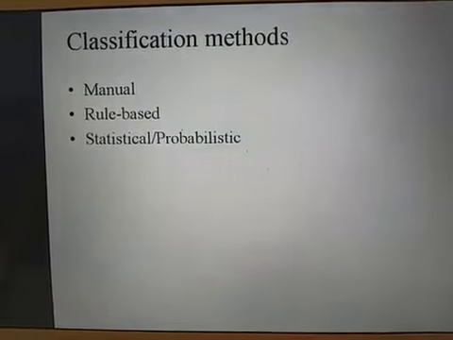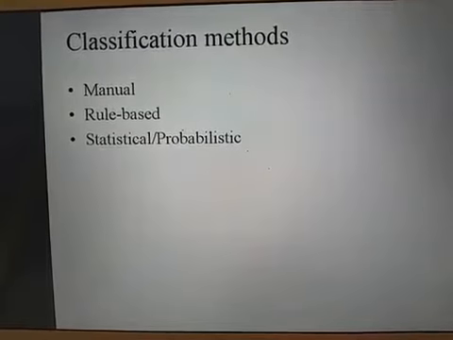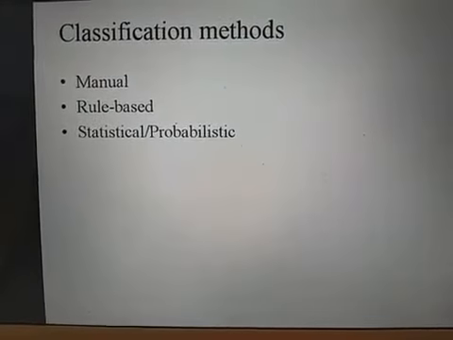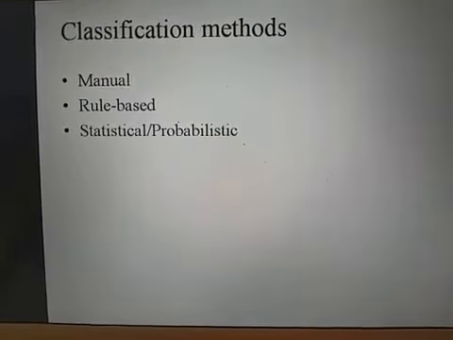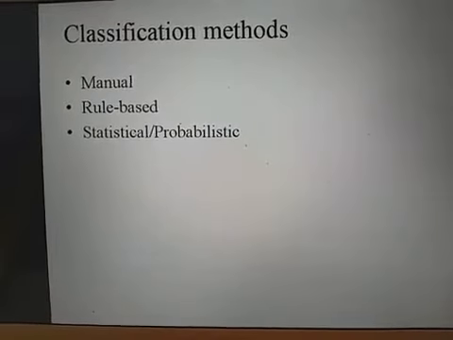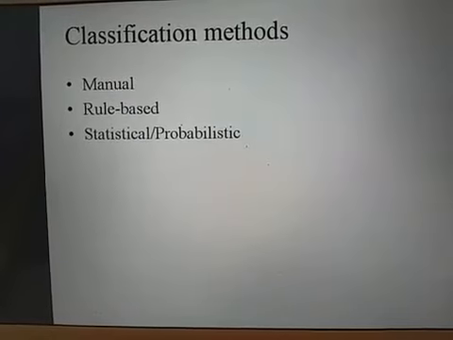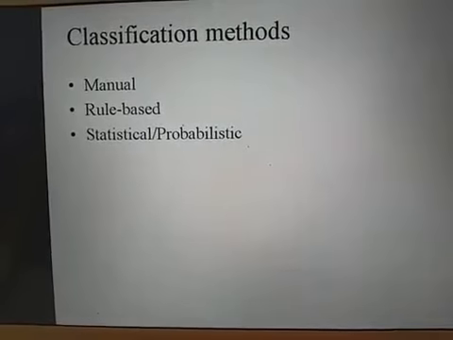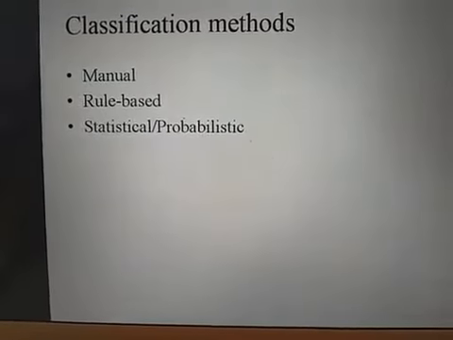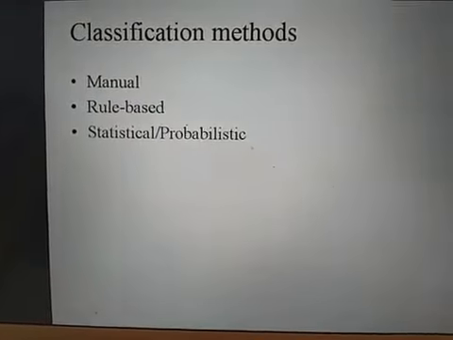But the third classification method is based on statistical and probabilistic approaches. That's why it is called machine learning based classification, or also a statistical text classifier, a learning method which is based on statistics.